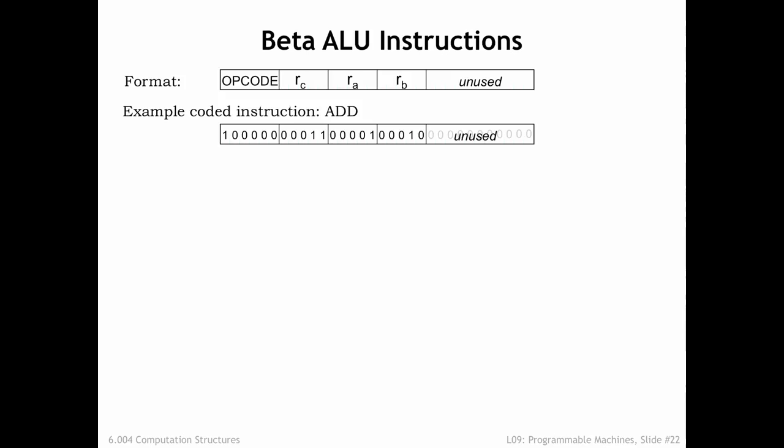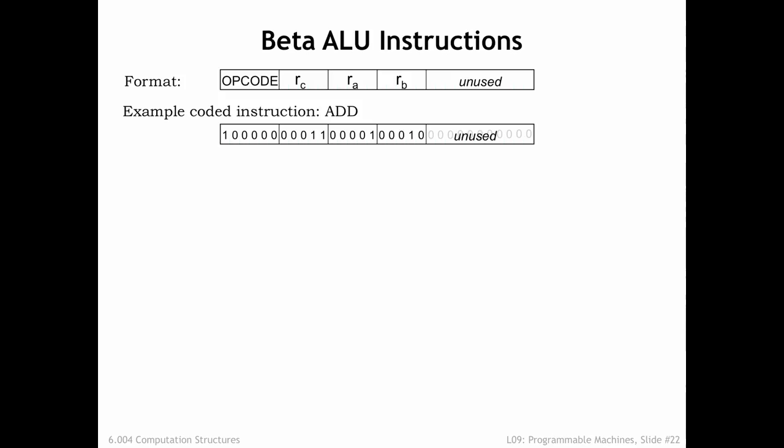The 2 source operands come from registers whose numbers are specified by the 5-bit RA and RB fields, so we can specify any register from R0 to R31 as a source operand. The destination register is specified by the 5-bit RC field. This instruction format uses 21 bits of the 32-bit word. The remaining bits are unused and should be set to 0.